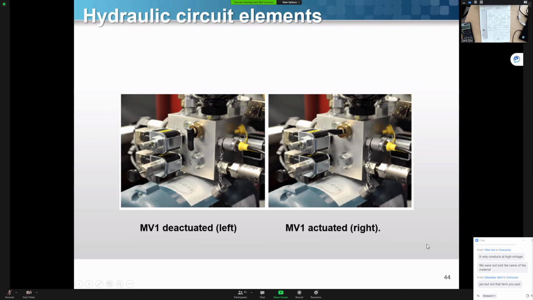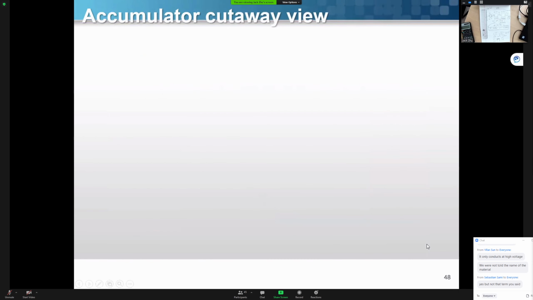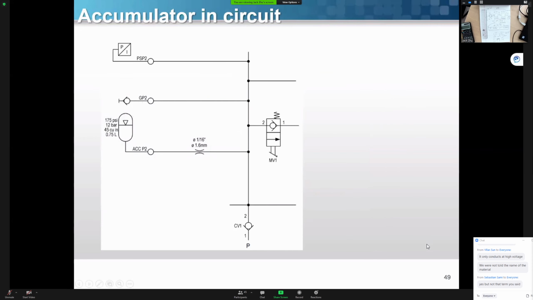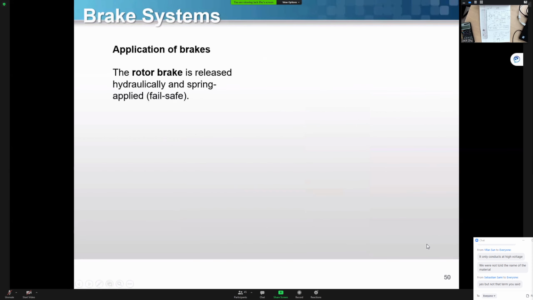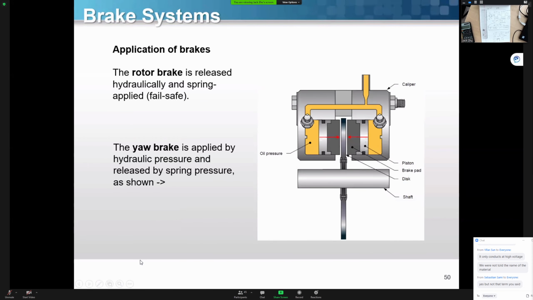Okay, so those are the hydraulic system parts. You don't need to worry too much about them. For safety in the hydraulic system, one thing that's extra knowledge and good to know is that some brakes are hydraulically released and spring applied.